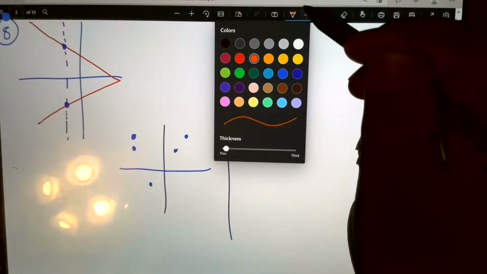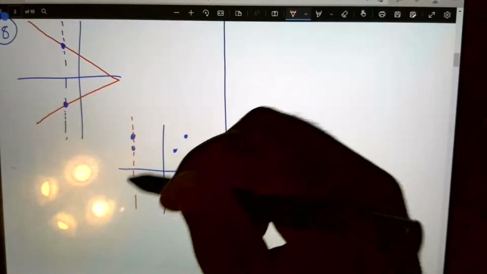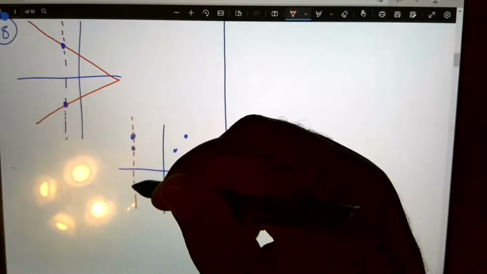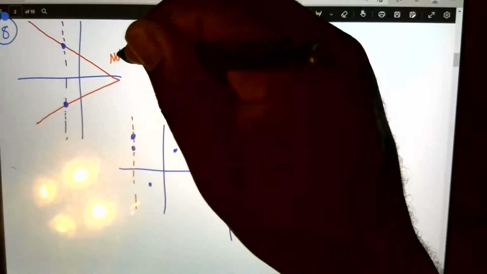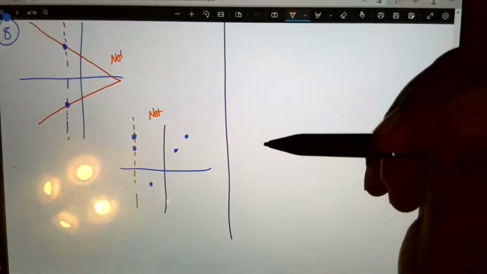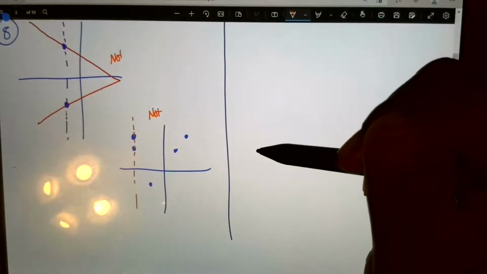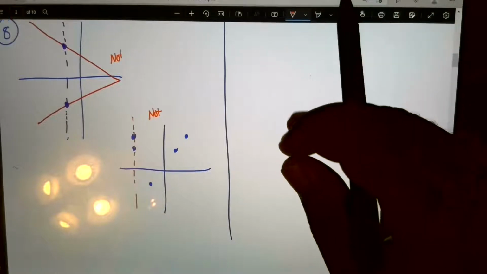This function still, there are two things that are right on top of each other. It meets in two places. So that's not a function. And this is not a function either. Any linear functions are functions. Parabolas, if they're up and down, generally are functions as well.